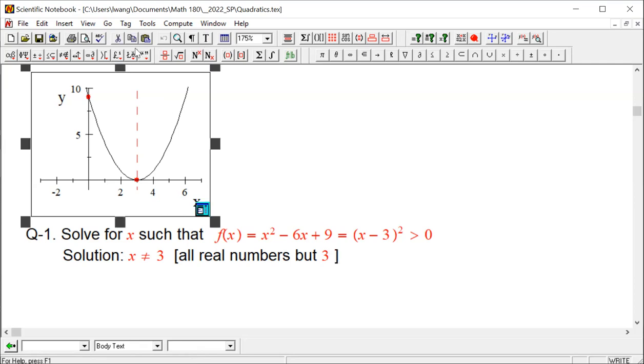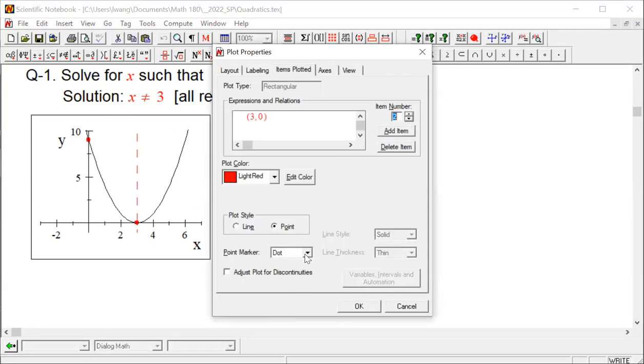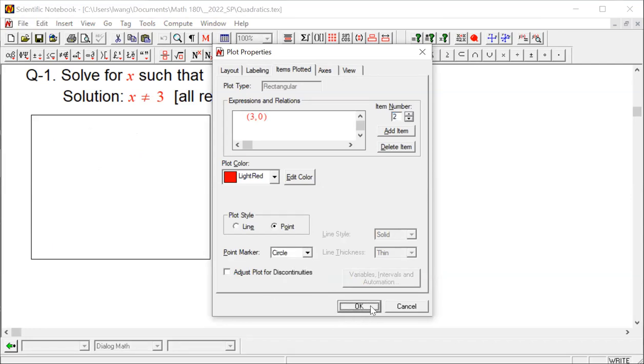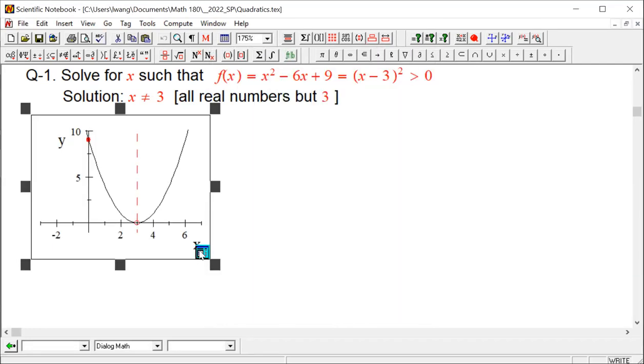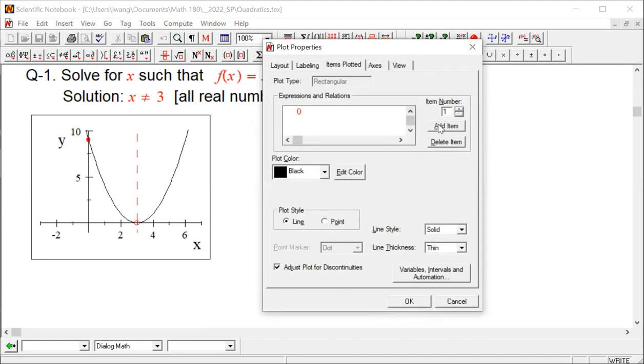So that's the solution. If you graph it, you will put a circle. What are the solutions we're going to show? We're going to show the solution as follows.